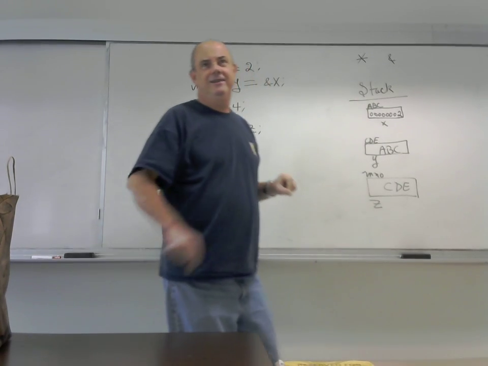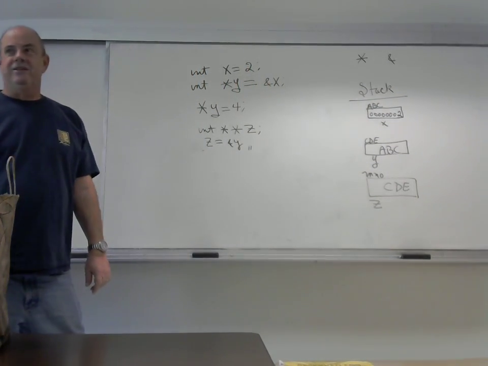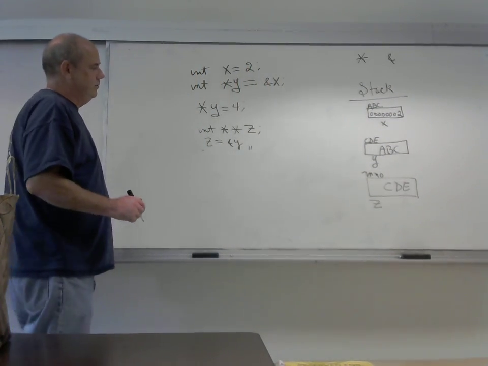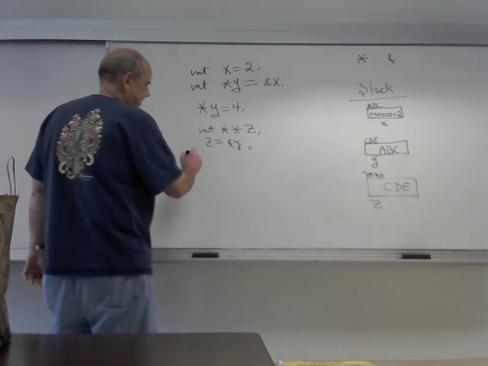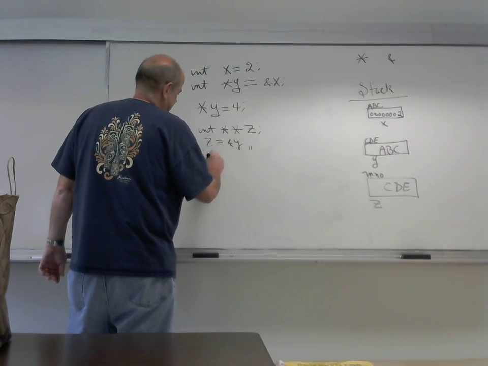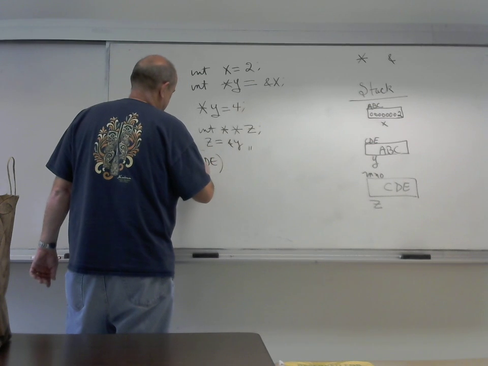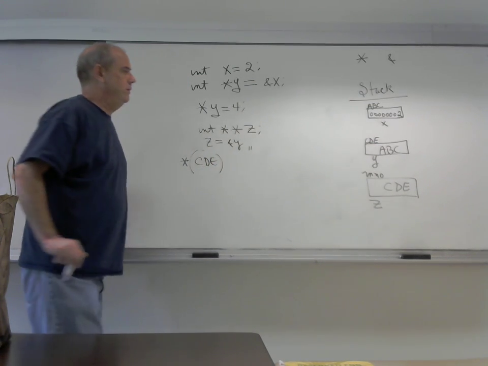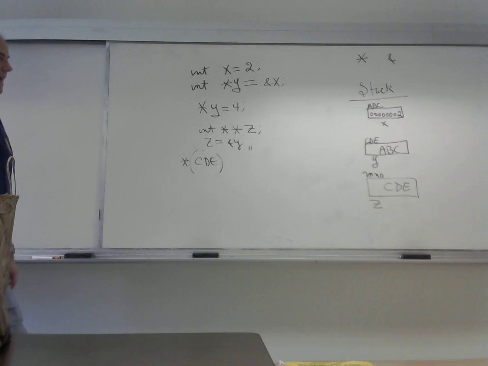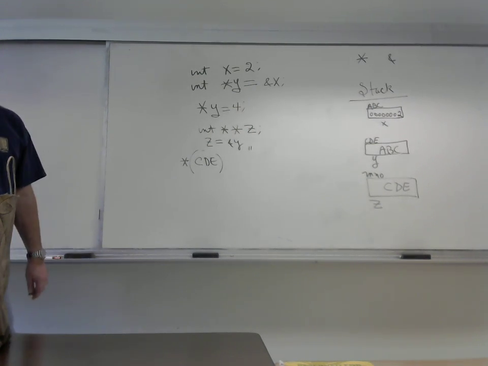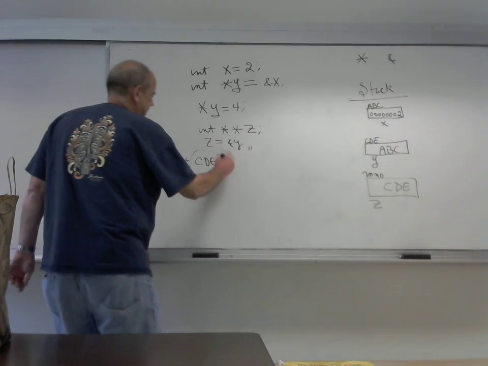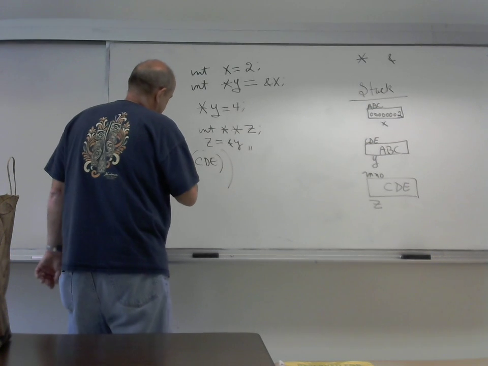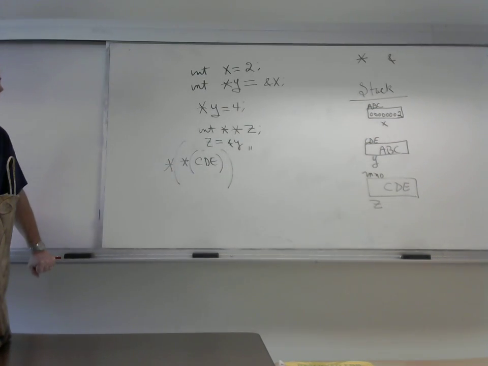That's it. And there's the 2. So we go to Z and we fetch CDE. So we dereference that. And when we dereference CDE, we get ABC. And if we dereference ABC, we get 2.